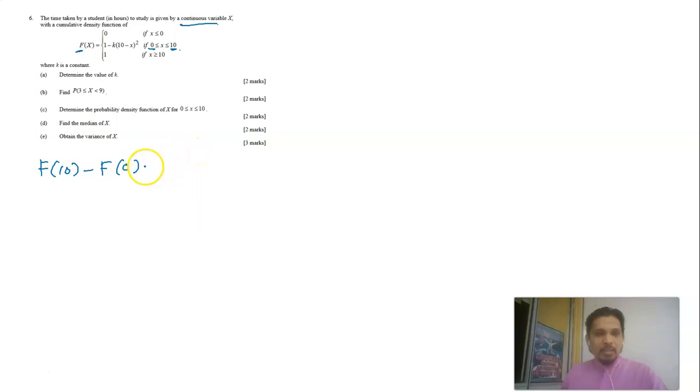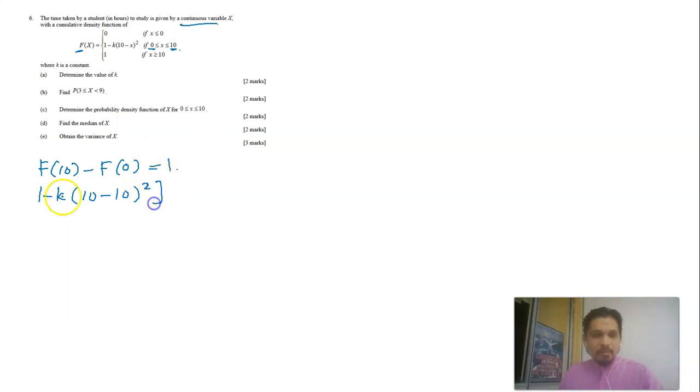And because we know it is equal to 1 here, so now F(10), substitute 10 here. 1 minus k times (10 minus x), where x equal to 10, squared.